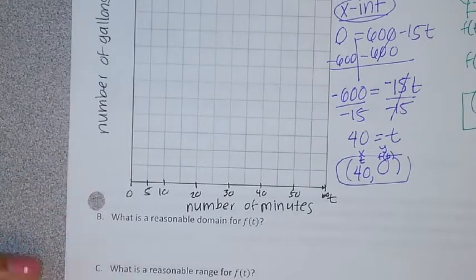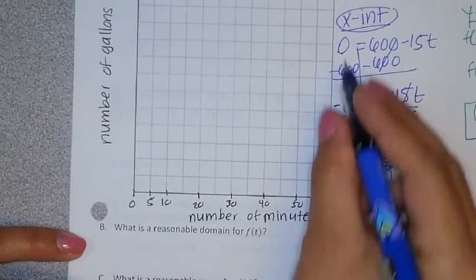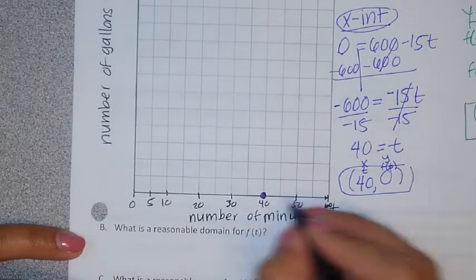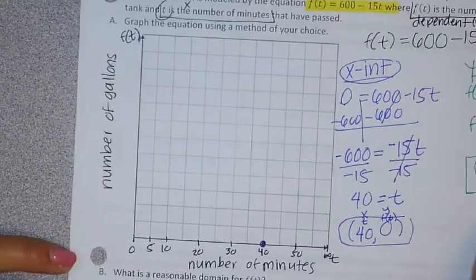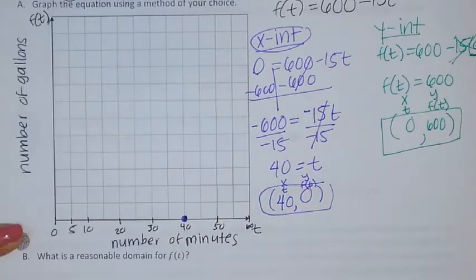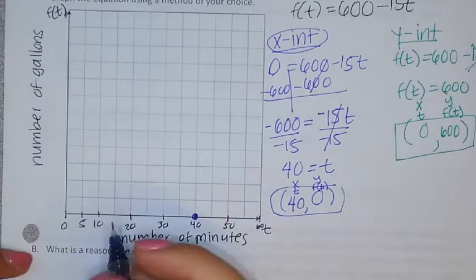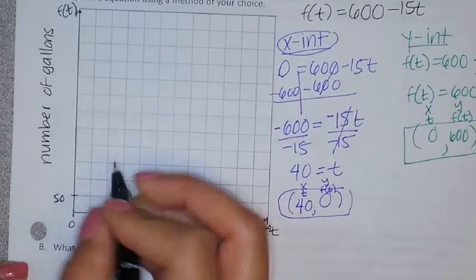And I know that my x-intercept, or when y is 0, x is 40. Okay, that's the one in purple here. Over here I know I need in hundreds, and I need a maximum of 600. That's when it's going to be the y-intercept. So here I can do it by 50s. Okay, so I have enough space for that.